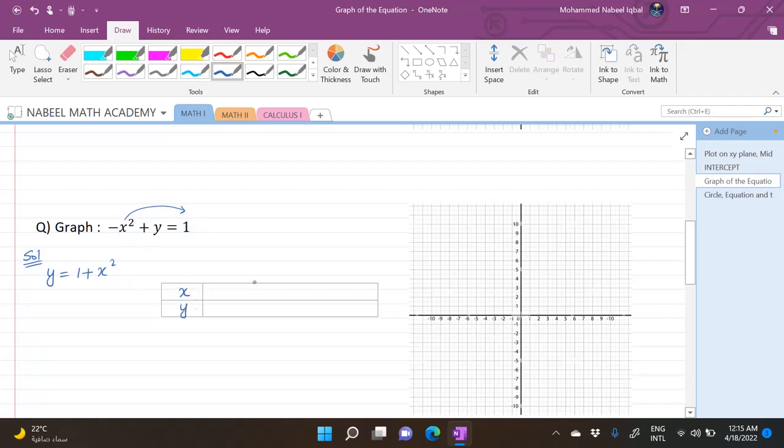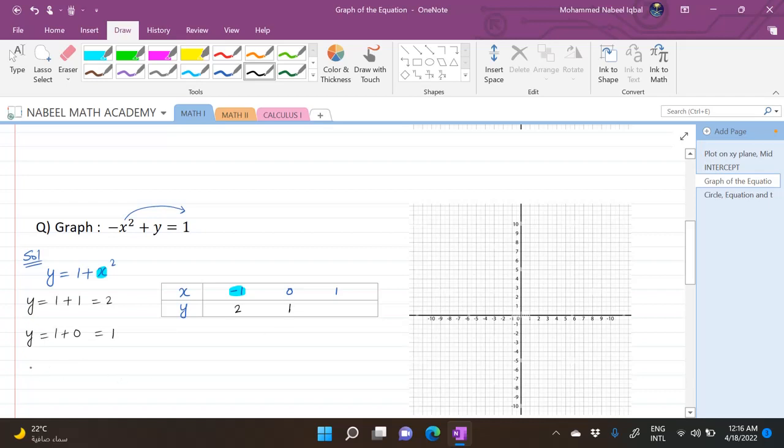x and y values. I will take x values -1, 0, 1. When I put -1 here, what should be the value? y equals 1 plus -1 whole square, which becomes +1. Therefore, the answer will be 2. When I substitute x equals 0, the value is 1.